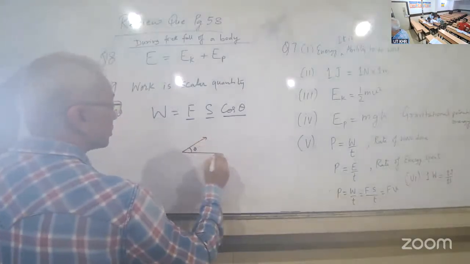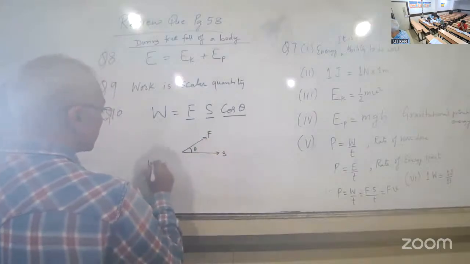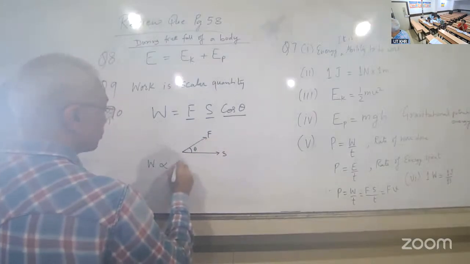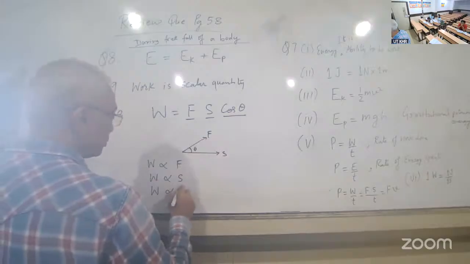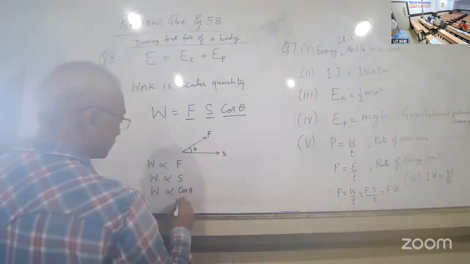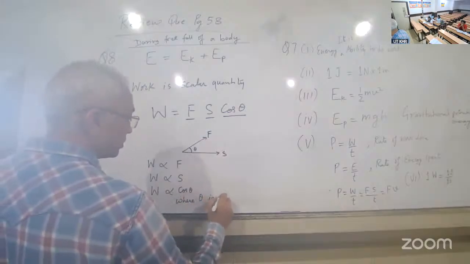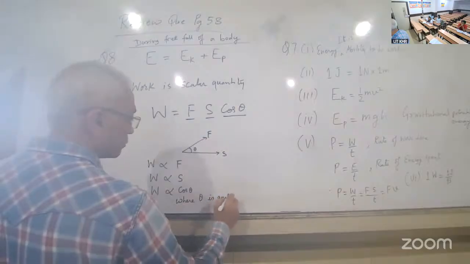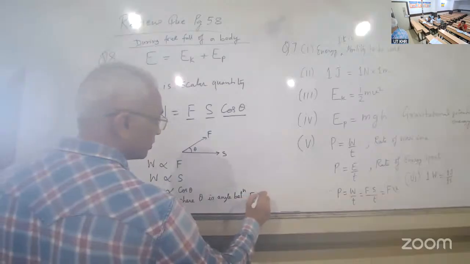So this is how you write it. Work is proportional to F, work is proportional to displacement, work is proportional to cos of theta, where theta is the angle between F and S.